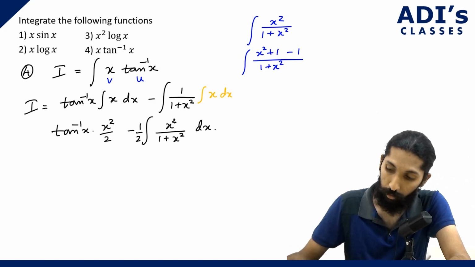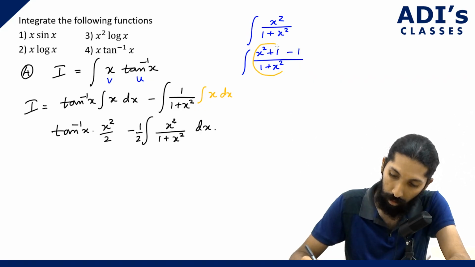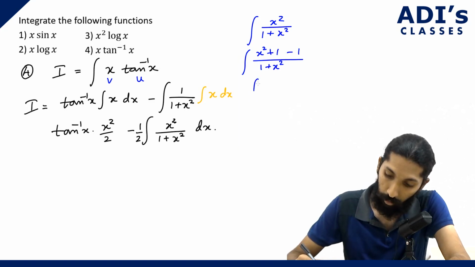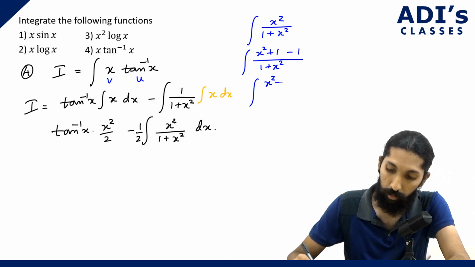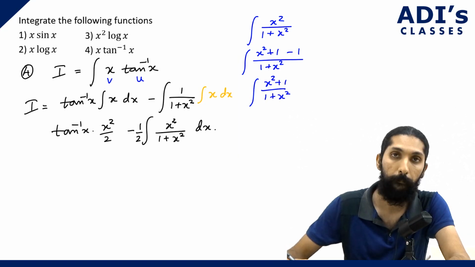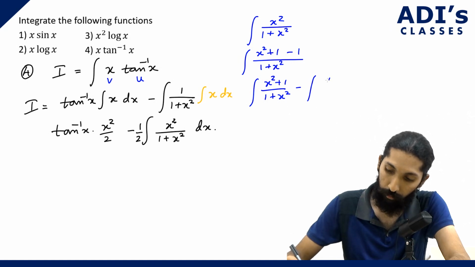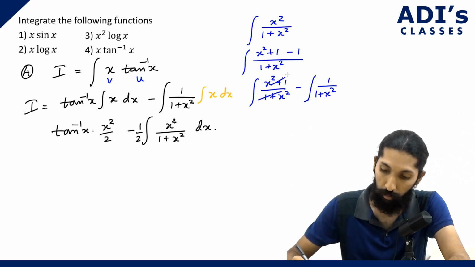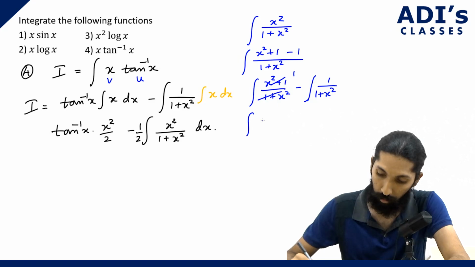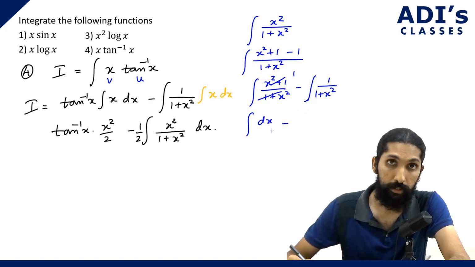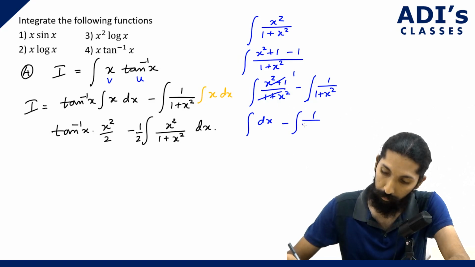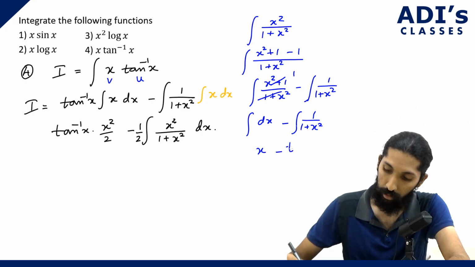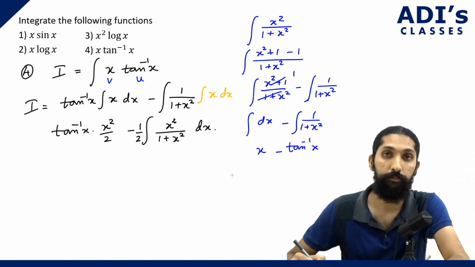Split in the sense, we are going to group this as 1 and the other one. So we are going to get the integral of x square plus 1 by 1 plus x square, minus the integral of 1 by 1 plus x square. Correct? This becomes 1. What is the integral of dx? x, right? Minus the integral of 1 by 1 plus x square. So we are going to have x minus tan inverse x, right?